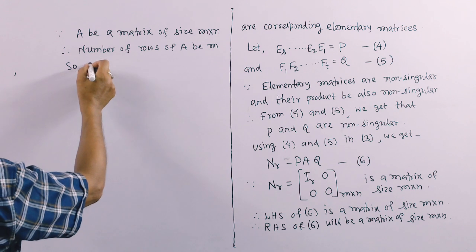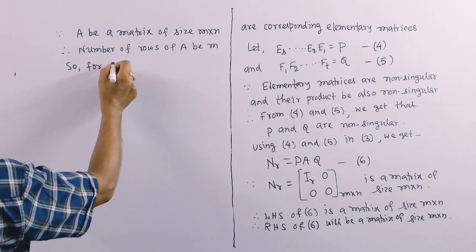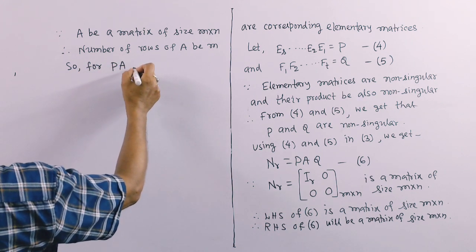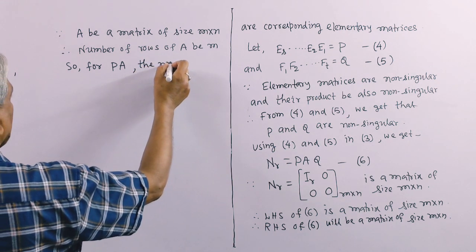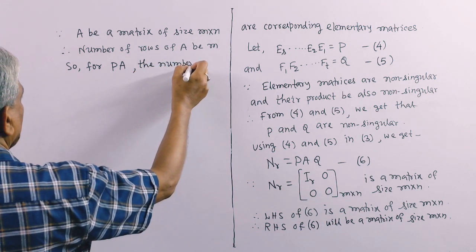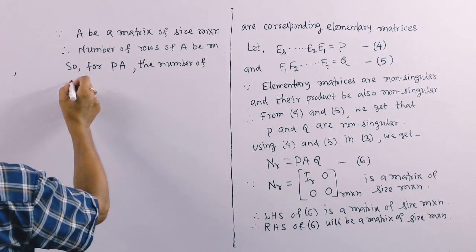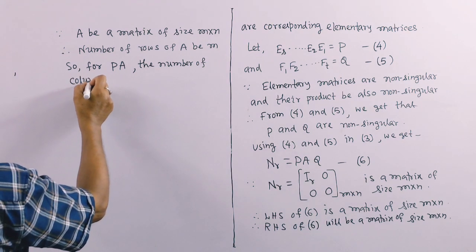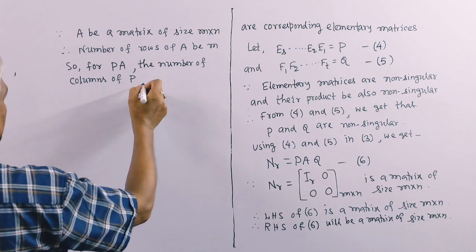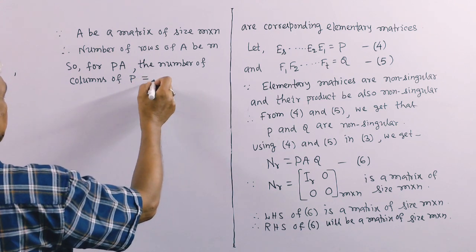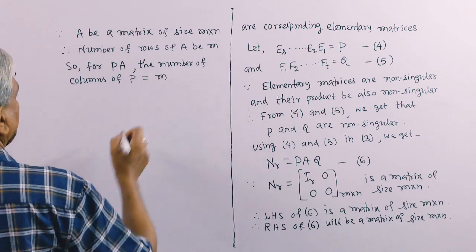So for PA, the number of columns of P equals m.